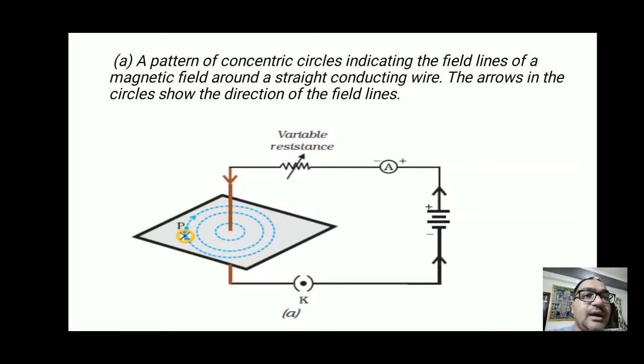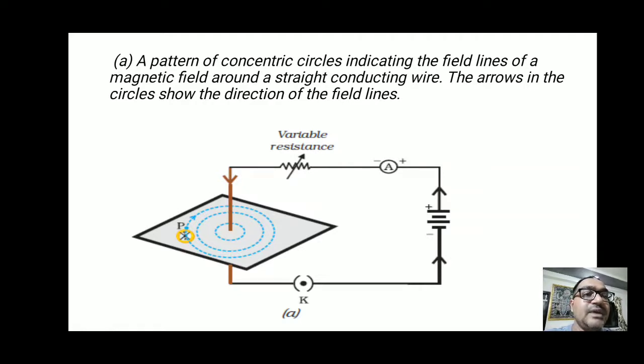So I repeat it again. All the apparatus we have to connect in series: battery, ammeter, rheostat, straight copper wire passing through the cardboard, plug key, and again connected to the negative terminal. Afterwards we fix one resistance in the variable resistance.